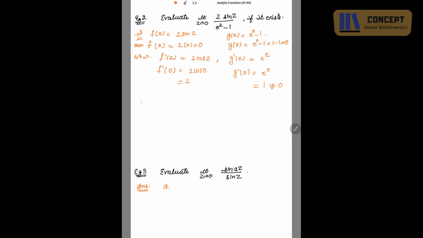So now thus limit z tends to 0, 2 sine of z over e the power z minus 1 is equal to limit z tends to 0, f of z over g of z is equal to limit z tends to 0, f dash 0 over g dash 0, that is equal to f dash 0 is 2 over 1. So limit comes out to be 2.